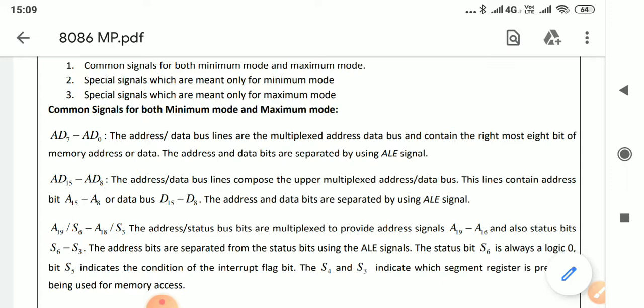The address bus is separated from the status bus using the ALE signal, so status pins and address buses are multiplexed, and can be separated by using the ALE signal. The status bit S6 is always a logic 0.